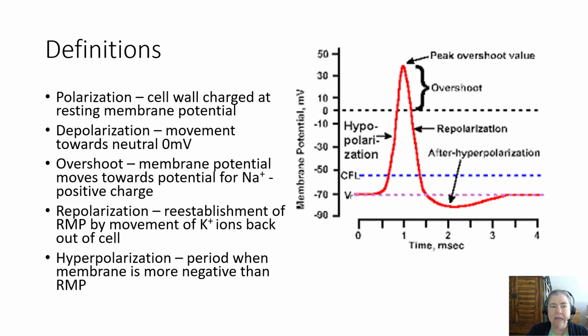It is positive on the outside, it is negative on the inside, and the process during which that happens is called polarization, and it achieves resting membrane potential. And here we have the things being pumped causing polarization. You can actually overpolarize, all right? You can overshoot.